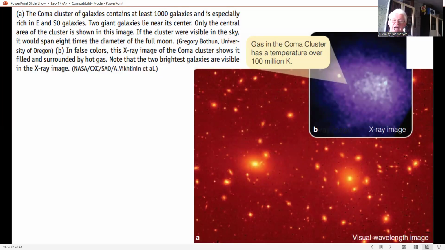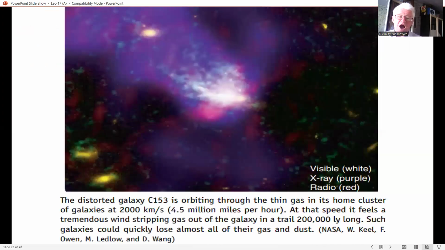For example, X-ray observations show that the Coma cluster contains thin, hot gas between the galaxies, as you may see in this slide. A galaxy moving through that gas would encounter a tremendous wind that would blow its gas and dust away. The dwarf ellipticals are too small to be made of merged spirals.